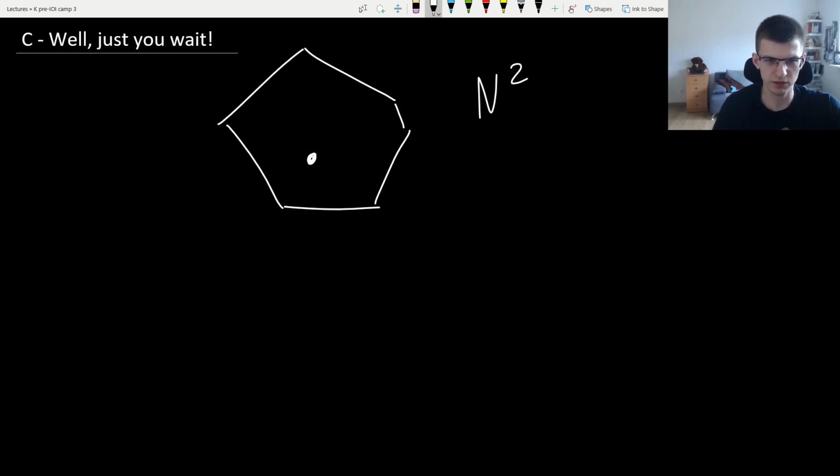Instead, I will notice that only few of them are important. That is, if I look from this point, then I can skip this diagonal and say that the point that I'm looking for, the furthest one from the given one, must be below this line, because this diagonal limits me more.